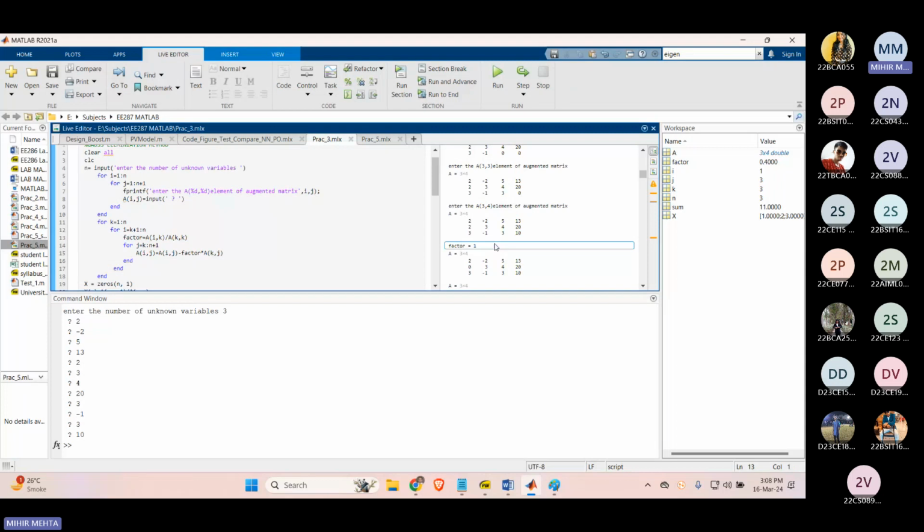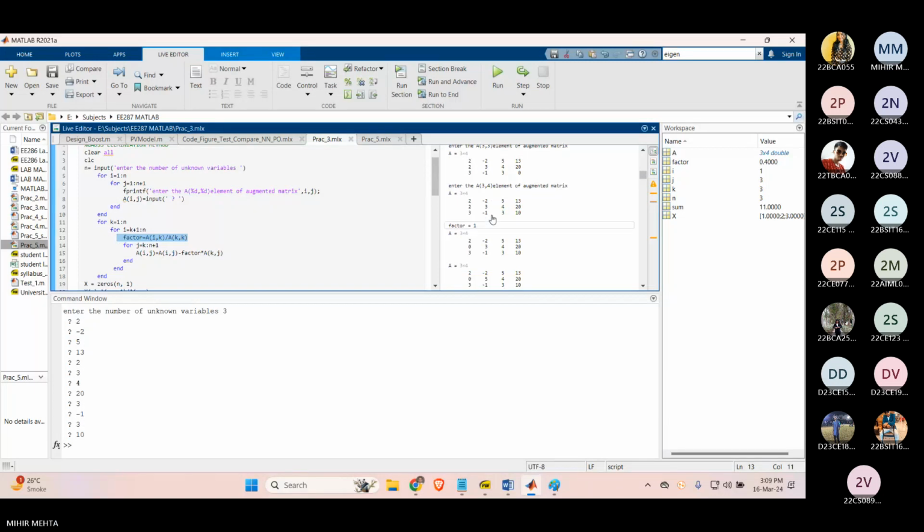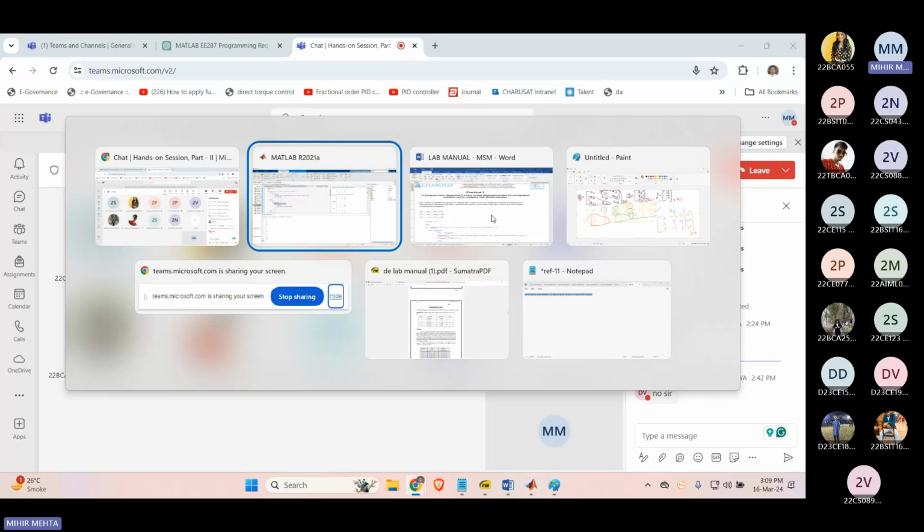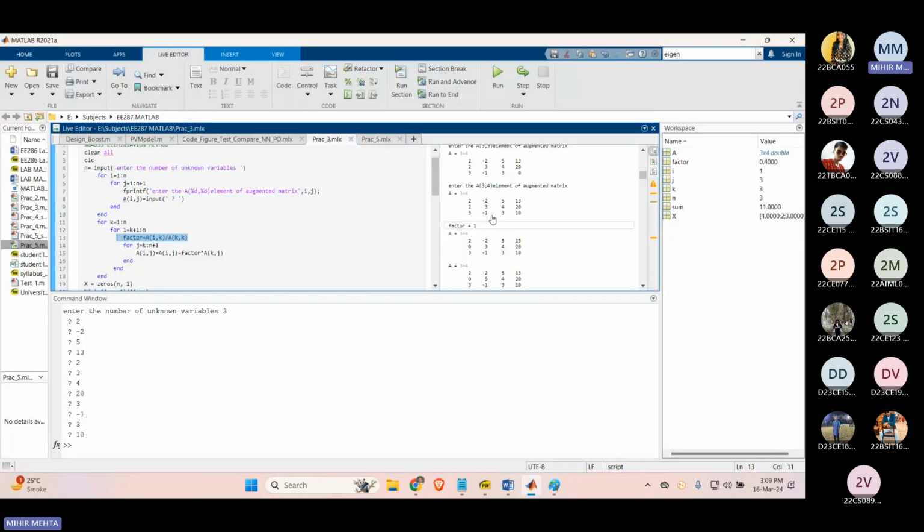But are we clear how we got this particular factor? Any doubts till here? Anyone? Any doubts so far? Okay, fine. No answer, so I presume that there are no doubts.